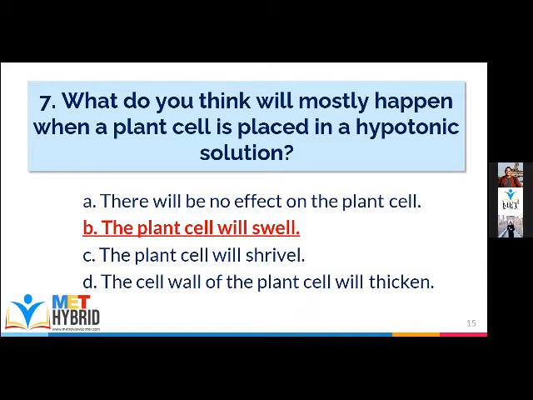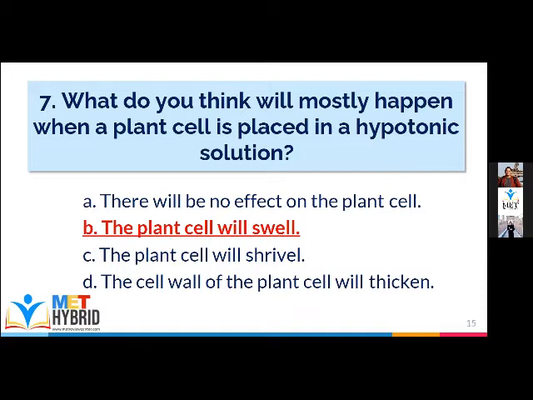So basically, for solutions, you have 3 types. You have hypotonic solution, hypertonic solution, and isotonic solution. So what are the differences between these types of solution? First, hypotonic means the solution has more water than the salt concentration.